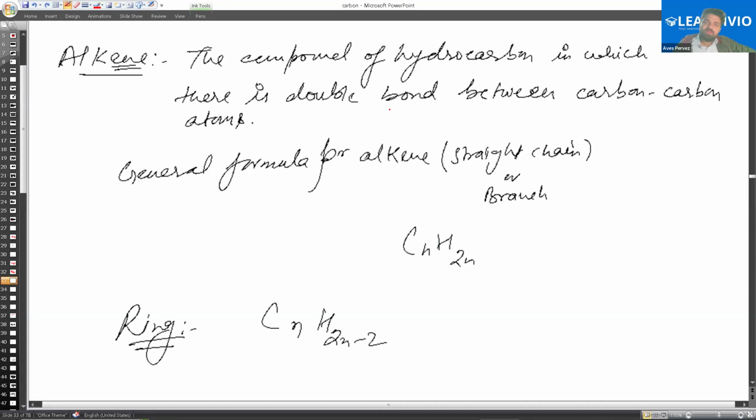So alkene, note down: the compounds of hydrocarbon in which there is a double bond between carbon atoms. And for rings, the ring formula for this one will be CnH2n-2.